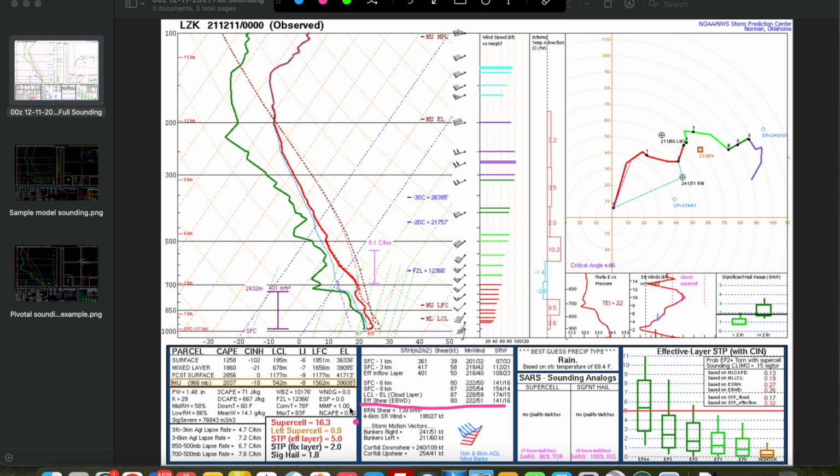We'll start off with this first value here that is called the BRN shear, and BRN stands for bulk Richardson number. And the bulk Richardson number is basically a turbulence term in the atmosphere. There's a whole bunch of fancy math that goes along with it, but we won't get into that here.